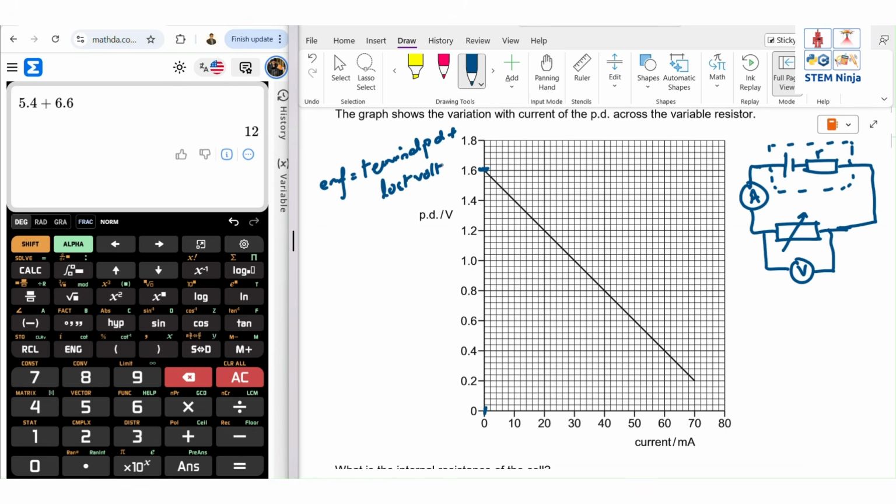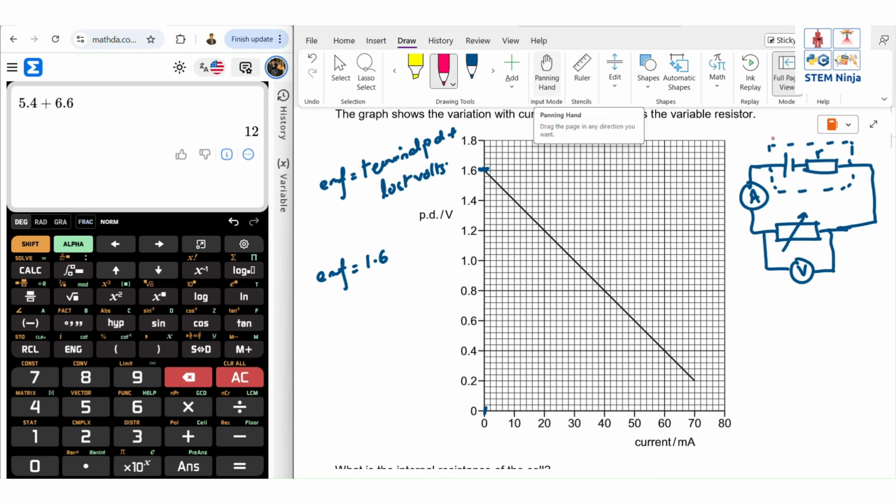That would mean that if there is no current flowing, EMF would be equal to the terminal potential difference. So EMF is 1.6 volts.